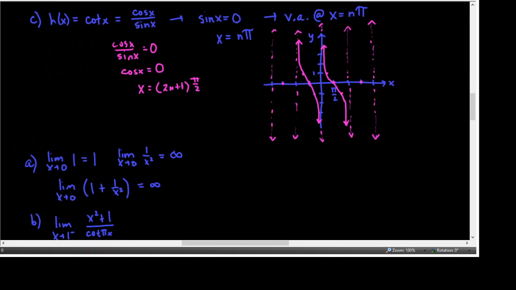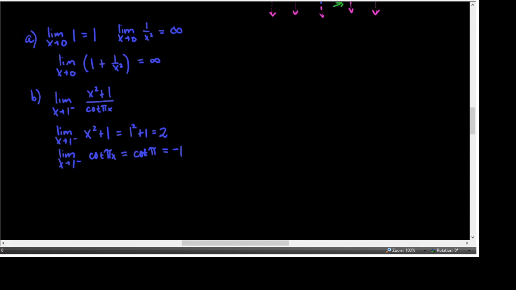At pi, this graph from the left side is going towards -infinity, right? Right here. I need to erase part of my answer again because that's wrong. It's not -1.